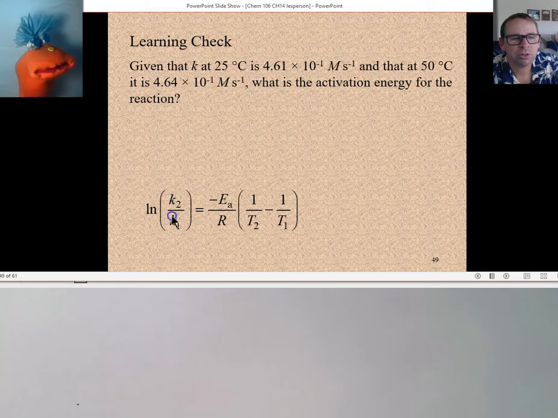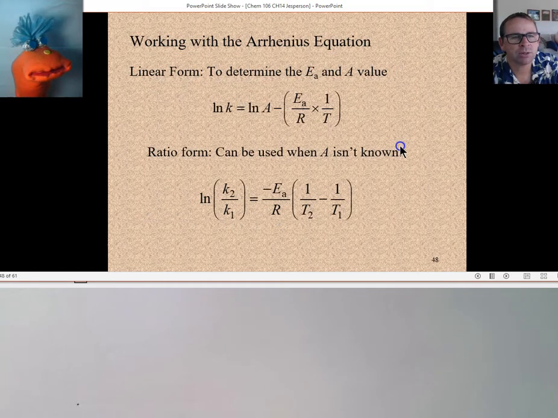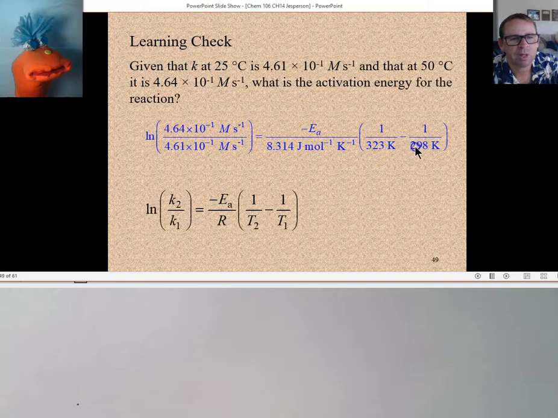Well, we've been given two Ks and two temperatures. The temperatures have to be in what units? Well, the R was in Kelvin, so it has to be in Kelvin. That's right. So I need to take 25, add 273, take 50, add 273. Make sure that for this one, this is going to be my 323, that's the 50 there.